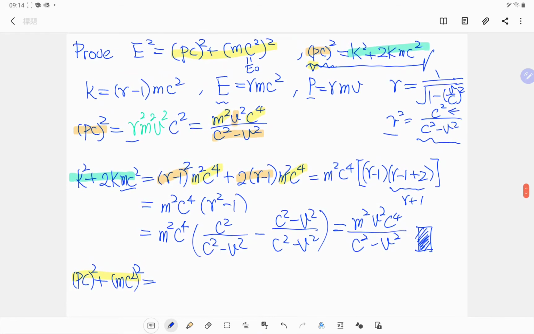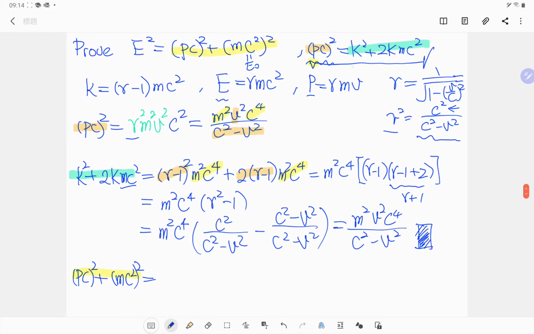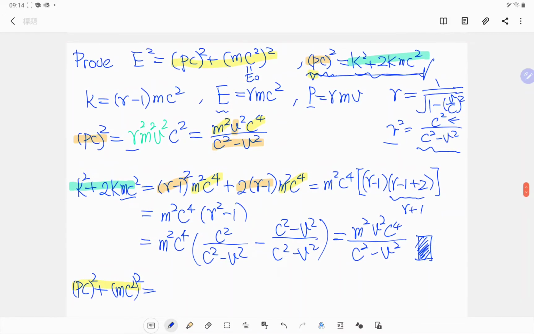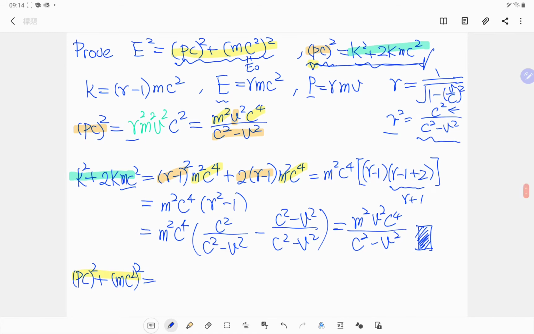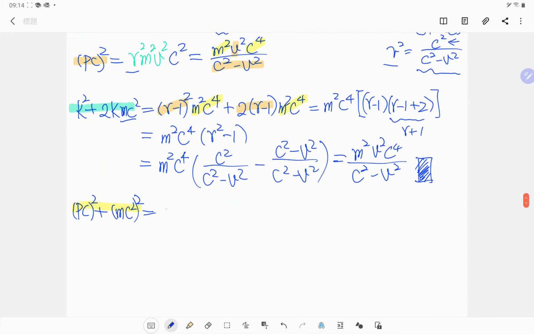So the remaining stuff will be very easy. We can just substitute this part into here, because actually we want to prove this one to be E square, so we can just substitute this one here. So it becomes k squared plus 2k mc squared plus mc squared, all squared.